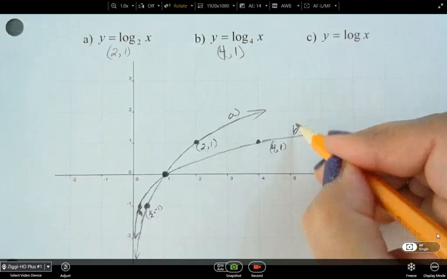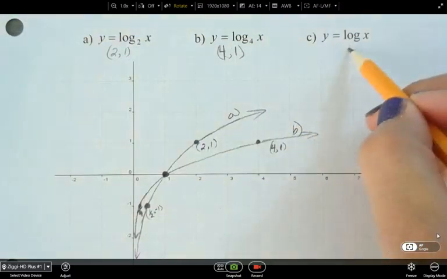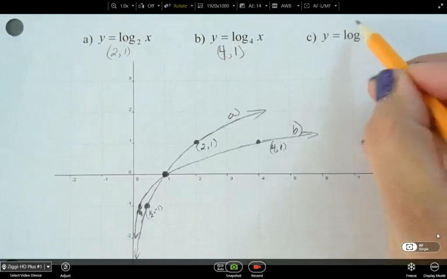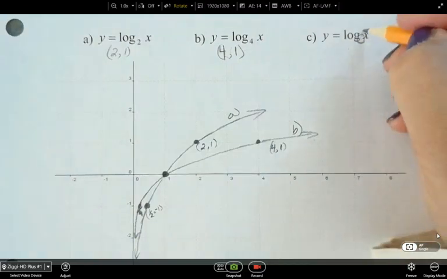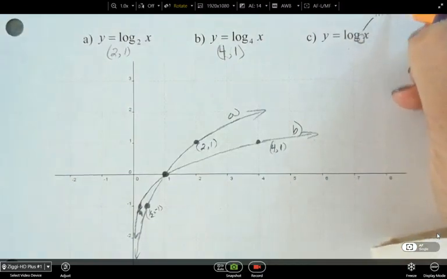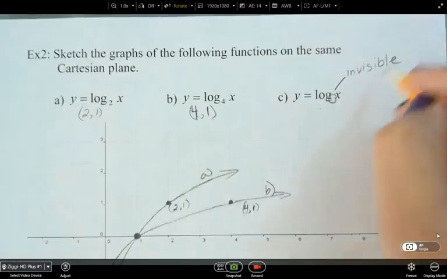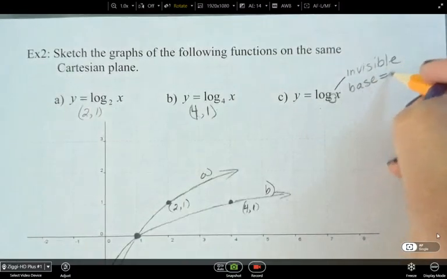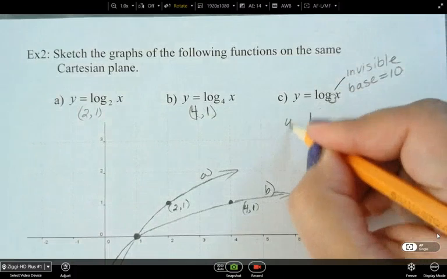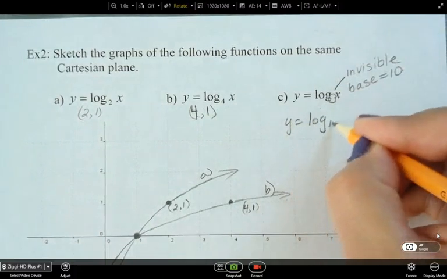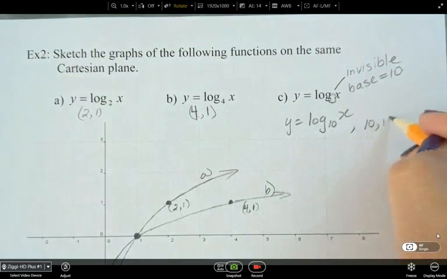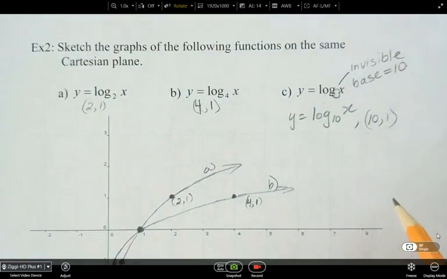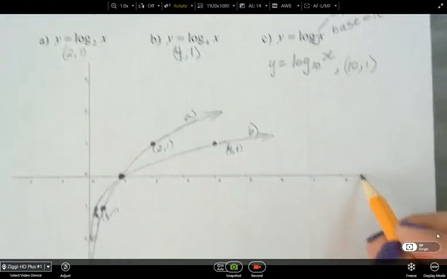And so that's B. And now for this one here, where is our main point going to be? What do you remember about what it has when there's no base written here? 10. No base, invisible base. Invisible base equals 10. So I can write that as y equals log base 10 of x. So then I'm going to have a point at 10, 1. Let's extend this.